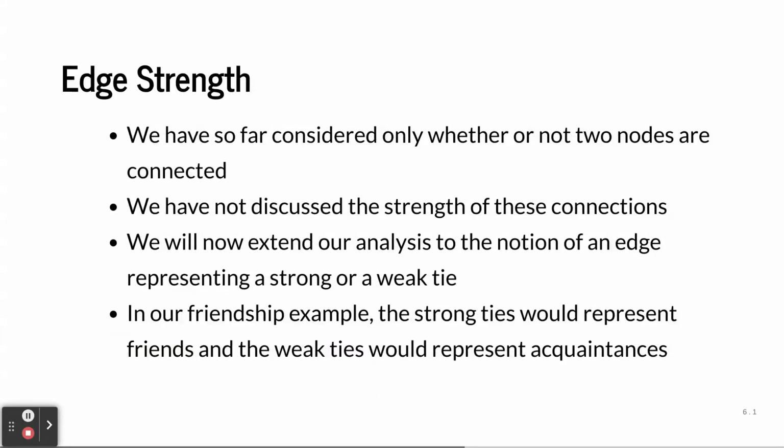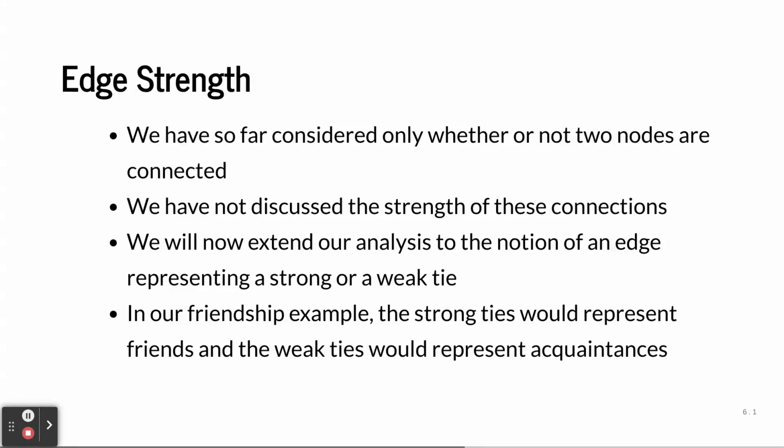So far, our discussion about nodes and edges has been limited to the case where two nodes are either connected via an edge or not. We have not yet discussed the strength of these connections. So we're going to extend our discussion to include the notion of whether an edge is a strong edge, representing a strong tie, or if it's weak.